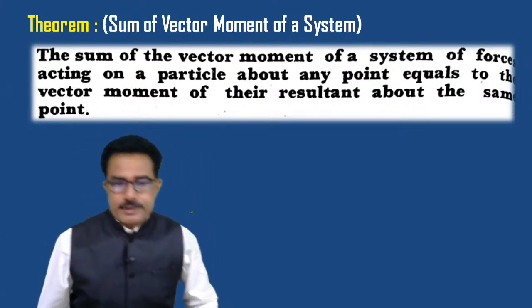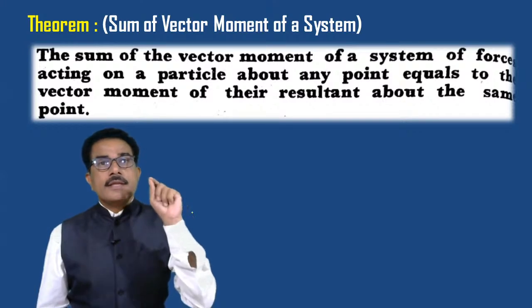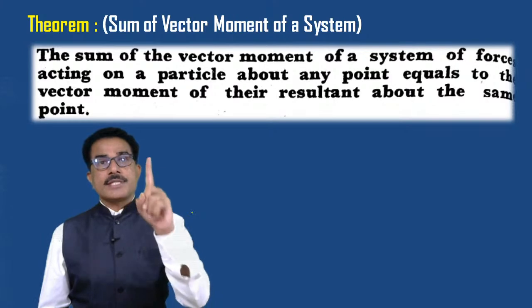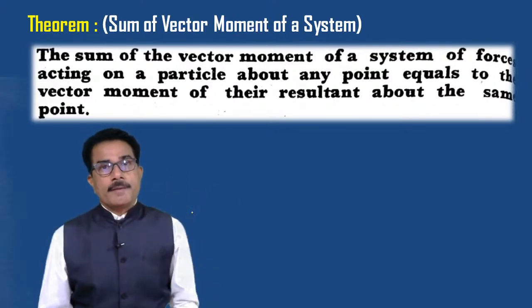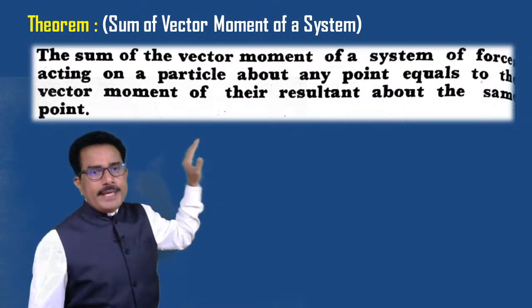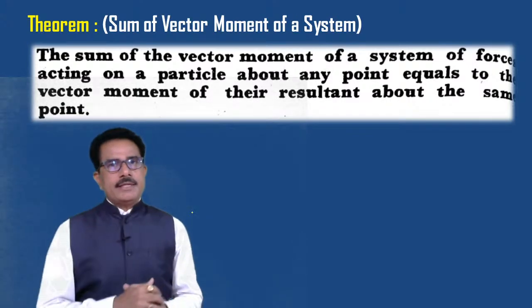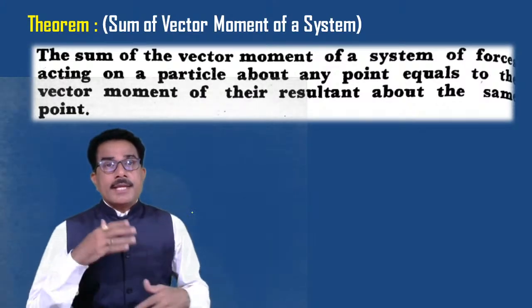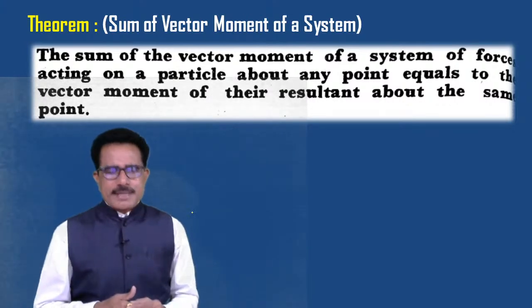See this. Yesterday we calculated the vector moment due to the single force F bar about a point O. But today in this theorem we have to calculate the vector moment due to n number of forces, meaning the system of forces. इसका मतलब क्या होता है?